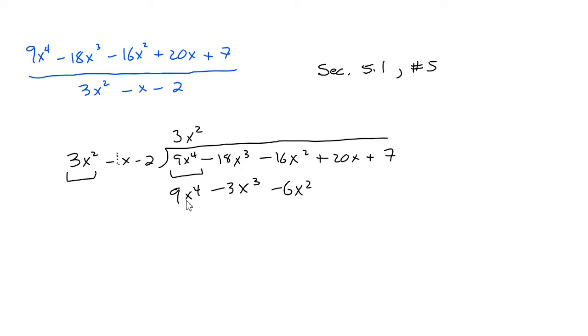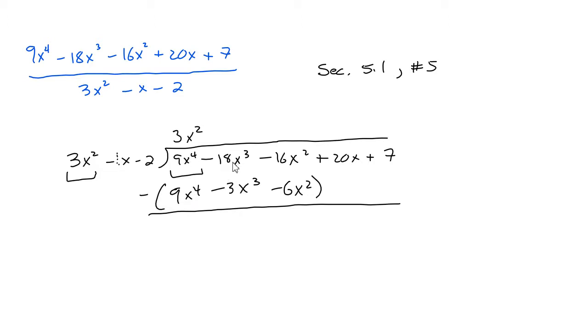And now the 9x to the fourth minus 3x cubed minus 6x squared, I've already accounted for that. The 3x squared together with this divisor on the outside together account for this. So this has already been taken care of. I don't want this in there anymore, so I subtract it out. Okay, we always subtract that product because it's already been accounted for. Okay, so 9x to the fourth, take away 9x to the fourth is 0. We expected that.